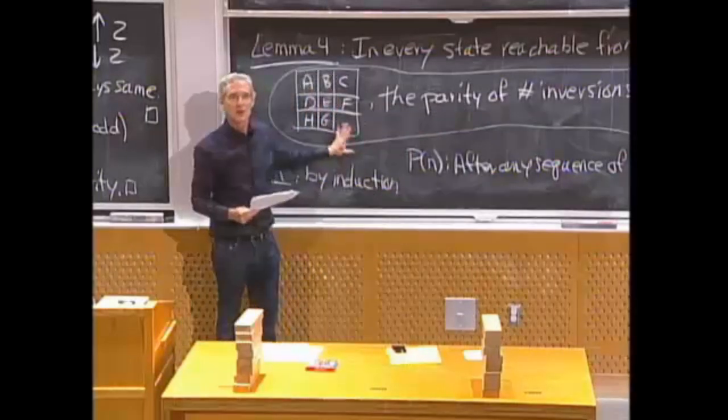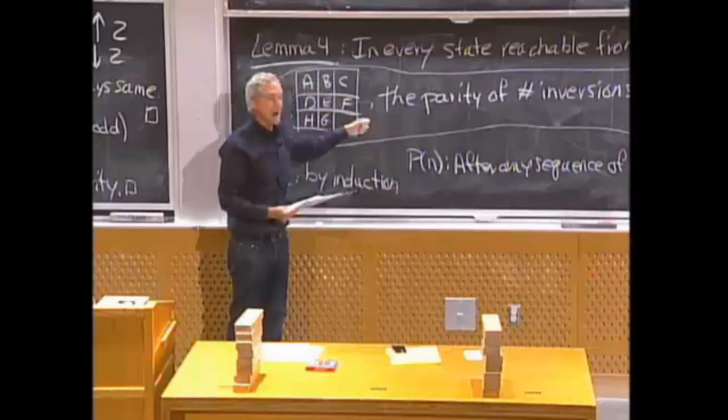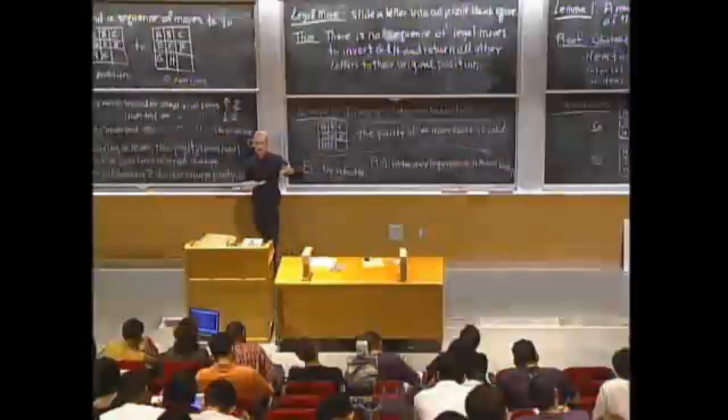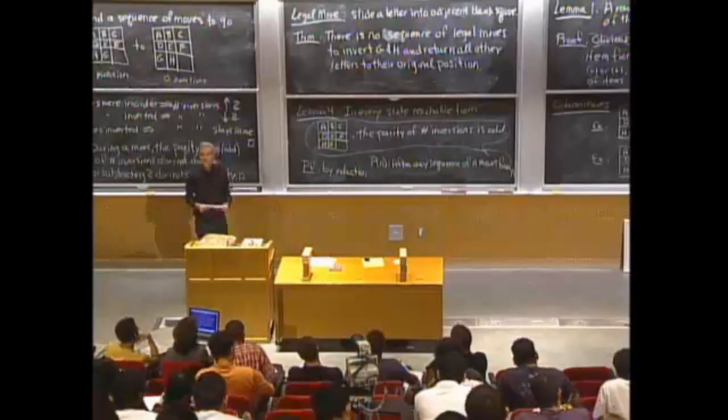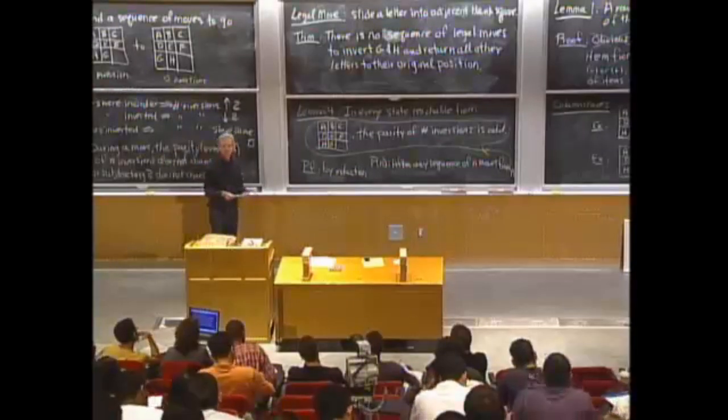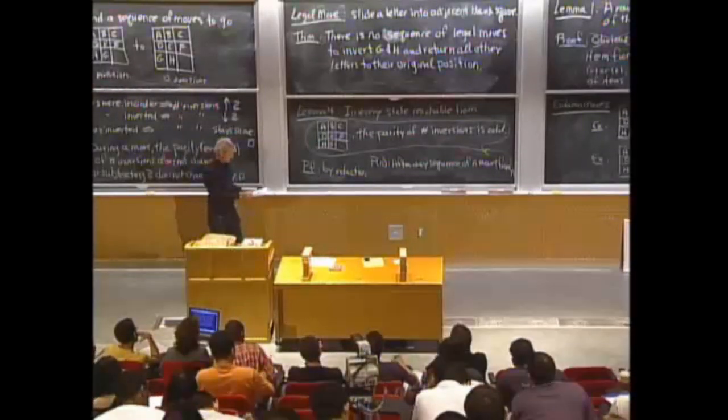So n is the number of moves you took to get there. That is the inductive hypothesis. This is the invariant, and they become one and the same. And the parameter n is the number of moves you've taken. And that's how you set up a proof using an invariant. It always looks just like this.